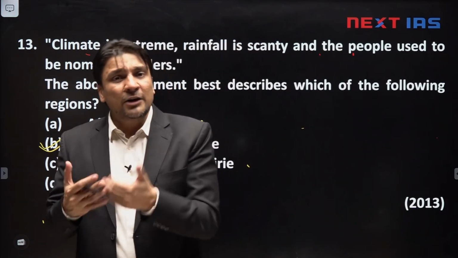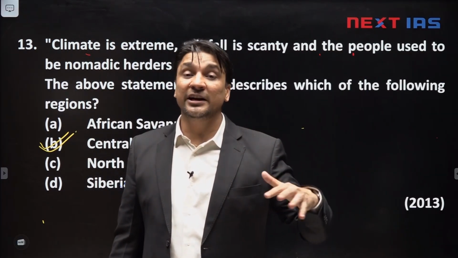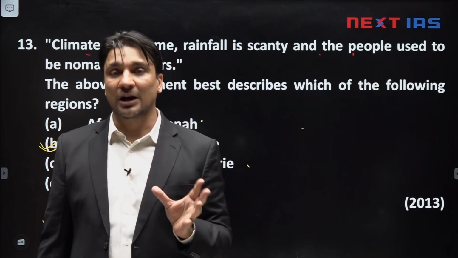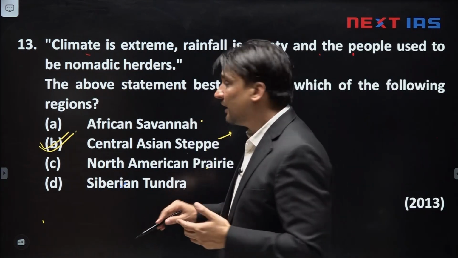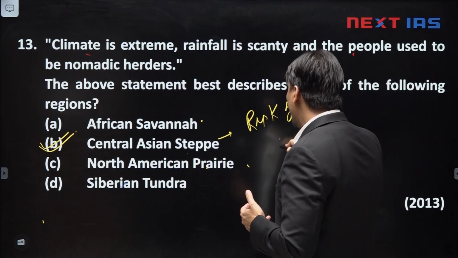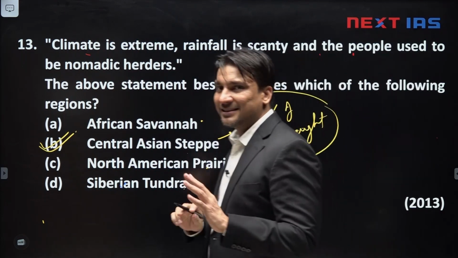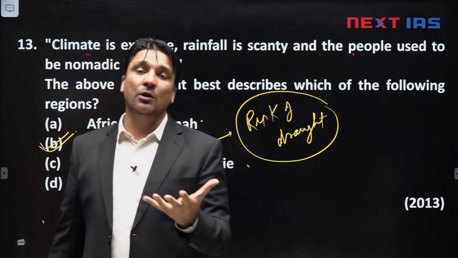It is also linked with Indian history actually. The Indian subcontinent had been invaded multiple times by the nomadic herders of Central Asia. Always remember the Central Asian steppes are a semi-arid region, so the risk of drought is very high. Whenever there is a drought in that region, people of this region emigrate to surrounding areas.